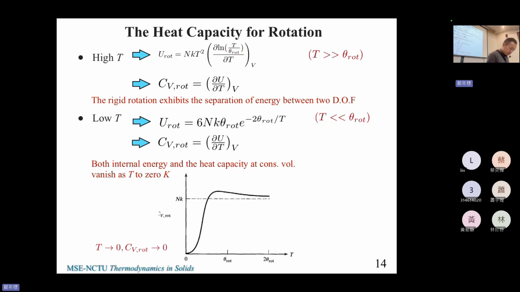What is the result? 1 over T. So after that it becomes NKT. So when temperature is so high, your U rotate becomes NKT. And then your C V rotate, just do the differentiation, becomes NK, easy.